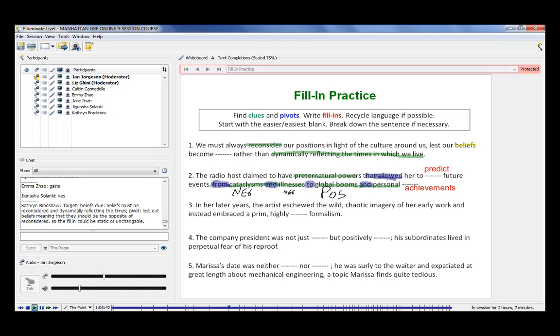And then the opposite of reconsidered, yeah, and I think that the pivot there is "lest our beliefs," but also "rather than." And let's see, Catherine's giving us static or unchangeable. I agree 100%. Static is great. That's a great word to use there.